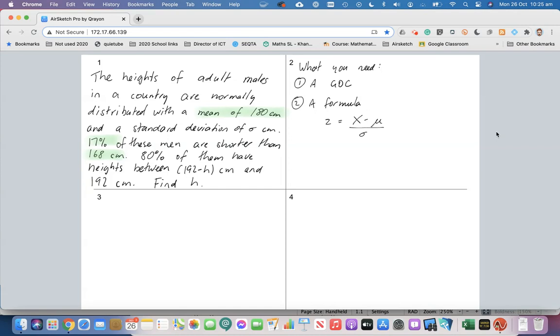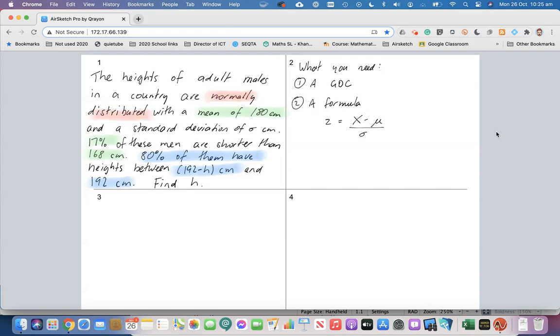And the other critical fact is that 80% of them have heights between 192 minus h and 192, and we have to find h. The other critical thing is that we are told they are normally distributed.